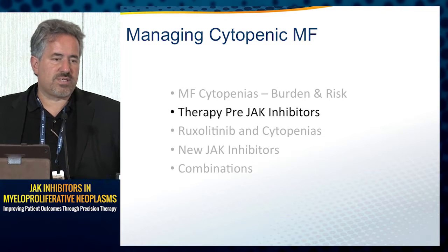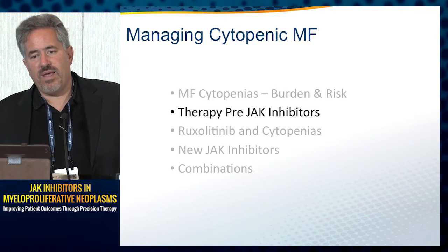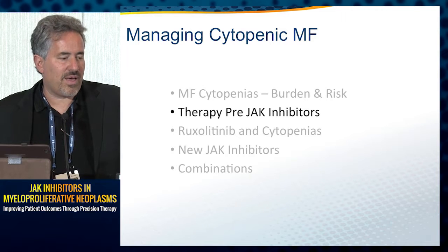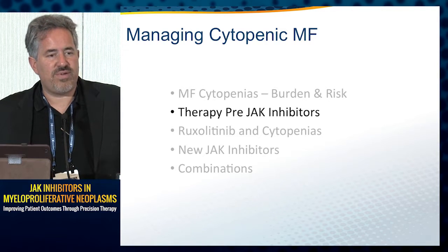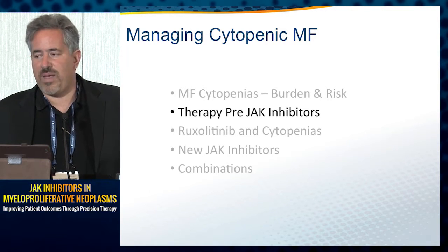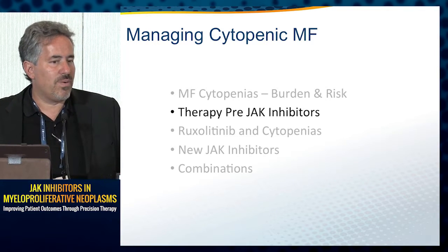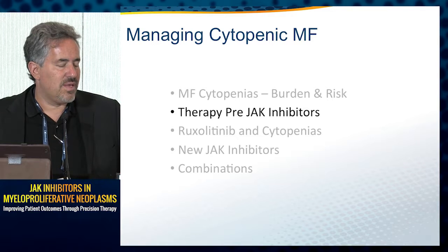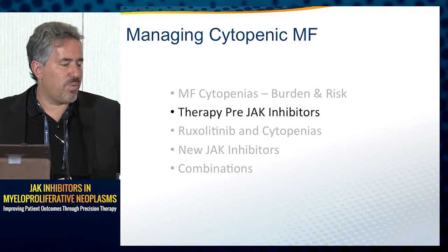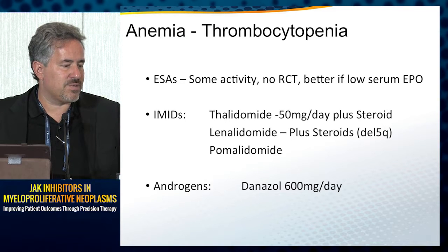Now, how do we treat cytopenias in these patients? Well, frequently, as Serge or I or our other colleagues here in the audience receive emails or inquiries about difficult patients, it is not infrequent that difficult cytopenias are the origin of those problems. Now, prior to JAK inhibitors, we have tested many agents trying to improve cytopenias.